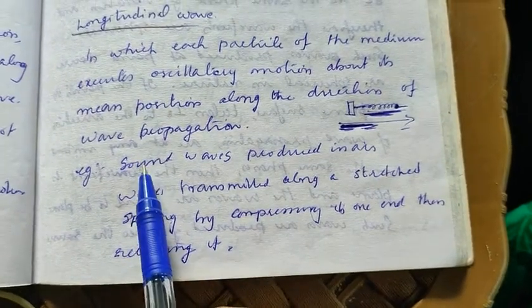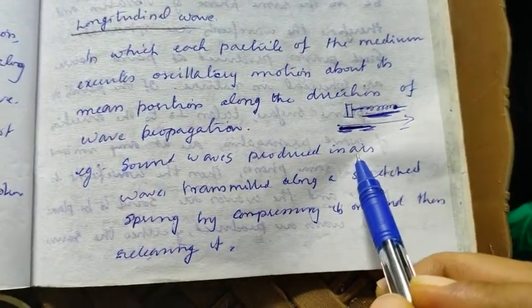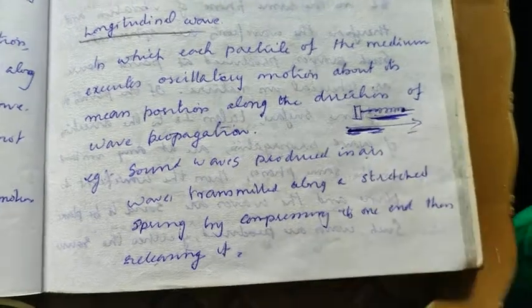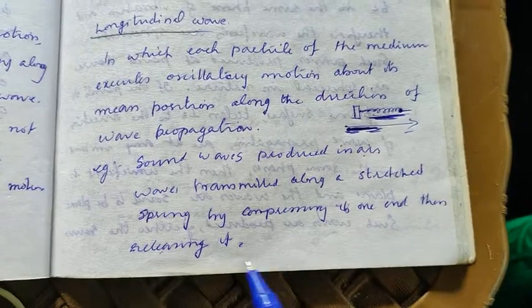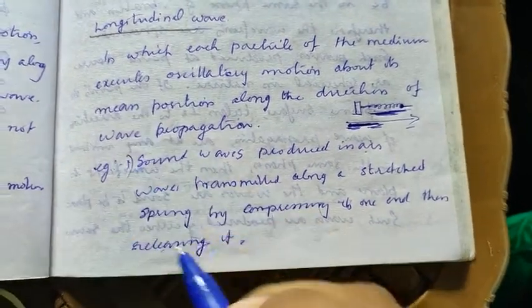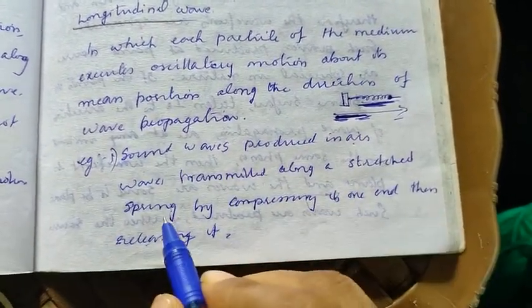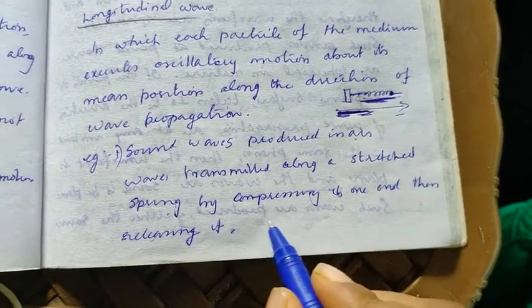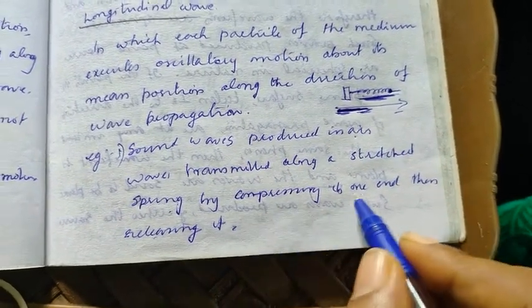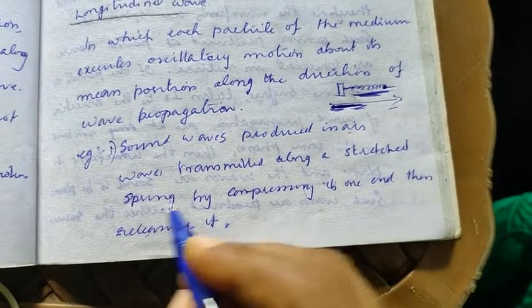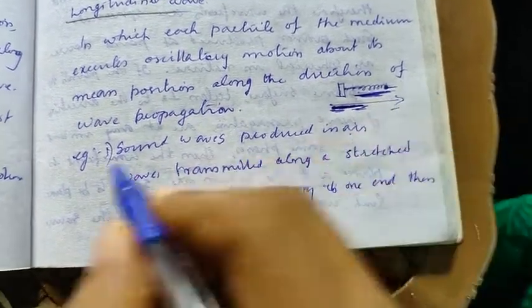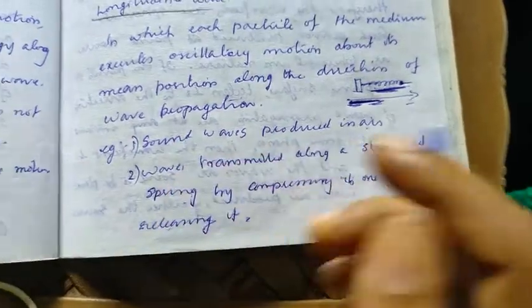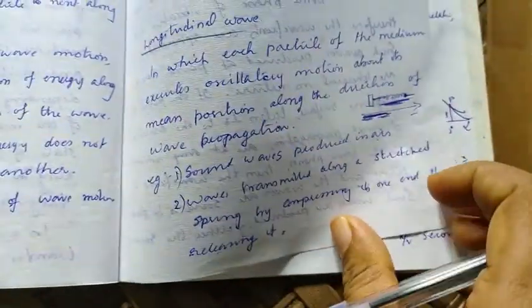Examples of longitudinal waves are sound waves produced in air, while light waves are examples of transverse waves. And another example is waves transmitted along a stretched spring, as I explained here, by compressing one end and releasing it. These are two examples of longitudinal waves. So these are two types of wave motion, transverse and longitudinal waves.